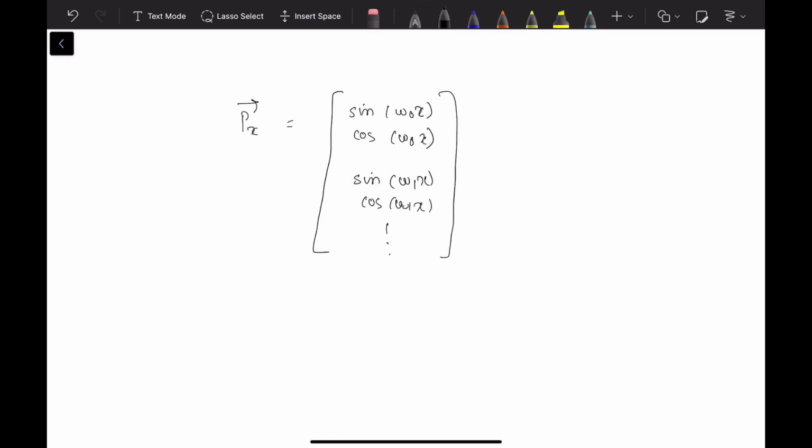And omega, let's call the subscript k, what the authors have used is 10,000 to the power 2k upon d, where d is the dimension. This 10,000 we can call a magic number that the authors have used. How did they get this number? My theory is through experimentation. Again, I'm not sure, but this is what the authors have used.